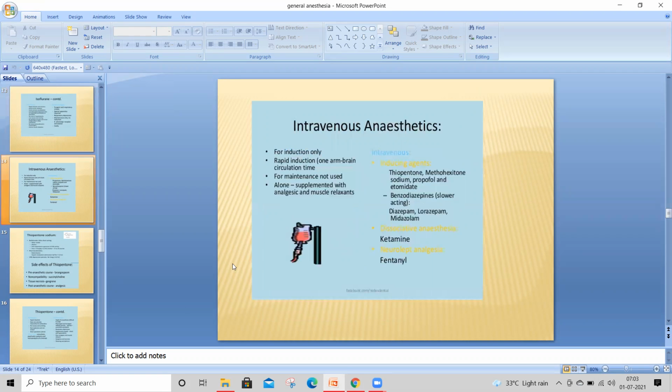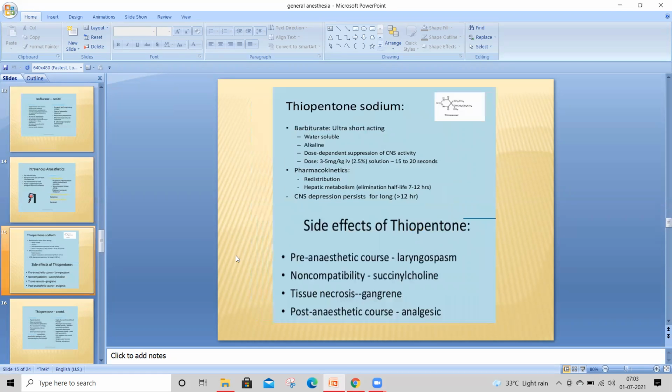Okay. And again, you have to know the intravenous anesthetics. If you know the classification of intravenous anesthetics, then you can write easily. And here, this is the classification of intravenous anesthetics. Next, one by one, you have to know. In intravenous anesthetics, you have to remember thiopentone sodium. It is one important drug in case of intravenous anesthetics.